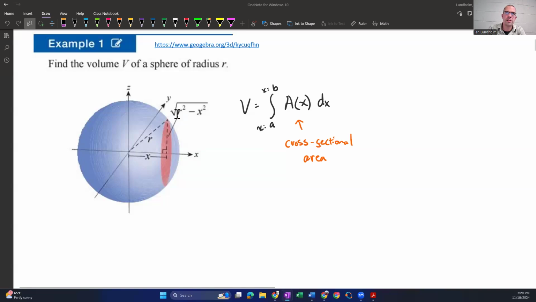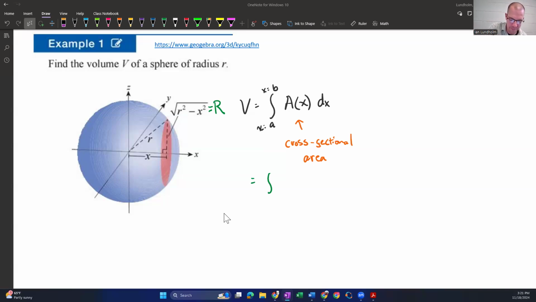So this square root of little r squared minus x squared, I would like to call this big R. And let's give it a green. If I wanted to continue to write this volume, we could get at the cross-sectional area by going pi r squared, because that is the area of a circle.